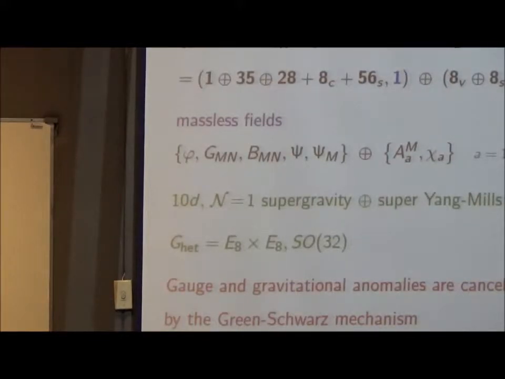Now, the simplest thing you can imagine is to take this to be a torus, a 6-dimensional torus. So what happens if I compactify on a 6-dimensional torus? I told you yesterday, very basically, that you will get a theory in 4 dimensions.